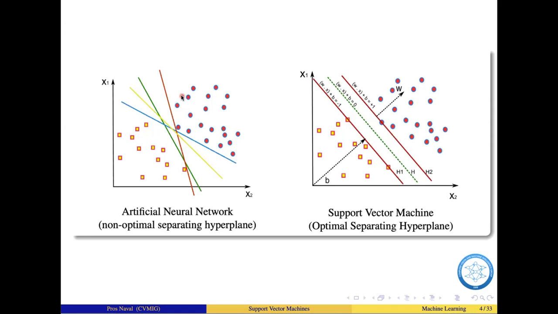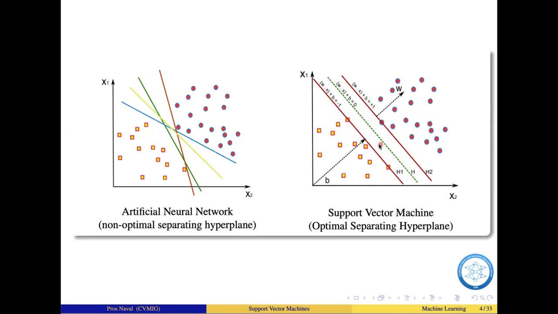However, we know that there are better hyperplanes. In fact, there is what we call the optimal separating hyperplane. So this is the optimal separating hyperplane for these two classes. So this green broken line here is the optimal separating hyperplane.